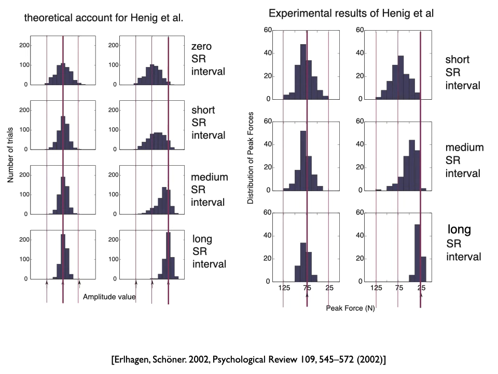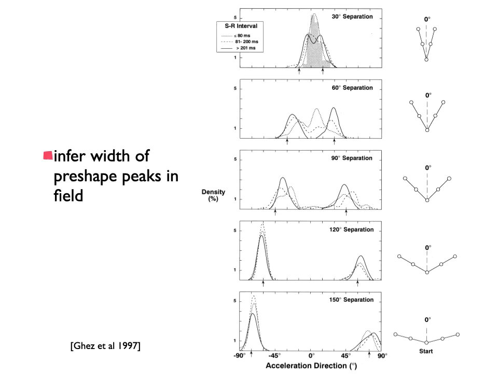This is how the model predicts that, and this is the experimental result. And essentially what you're seeing in the model is how the preshape is in a graded way transformed into the peak that then drives movement. In fact, you can make measurements, in a sense, behavioral measurements on that preshape. So it's a very interesting wrinkle on that.